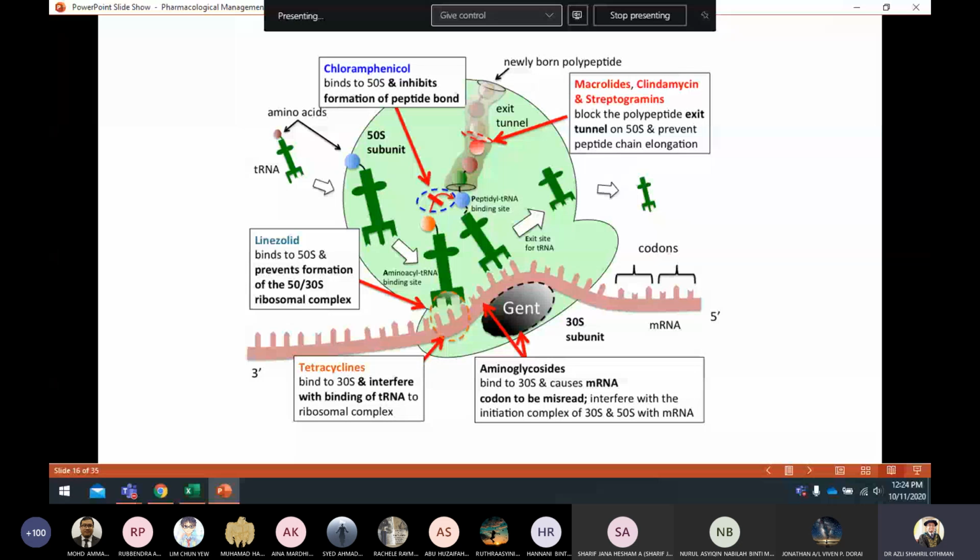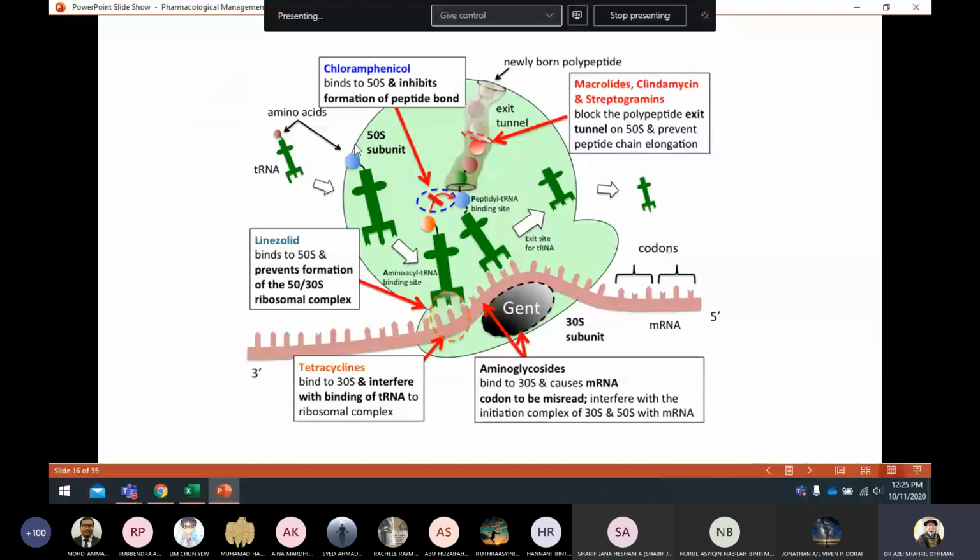So when you are answering questions related to antimicrobial mechanism of action, you need to go into a little bit more detail. If you just answer chloramphenicol, the mechanism is protein synthesis inhibitor, you are not going to get full marks. If you answer tetracycline, the answer is protein synthesis inhibitor, you are not going to get full marks.